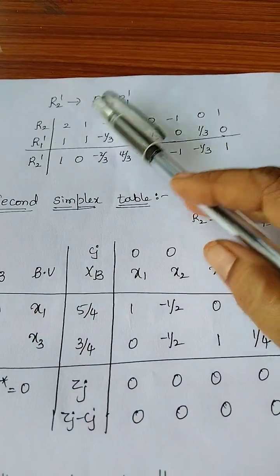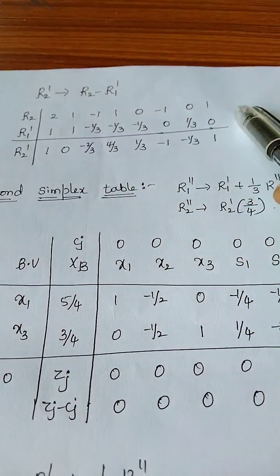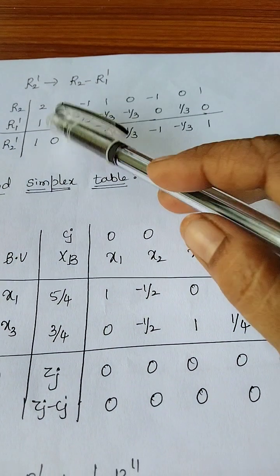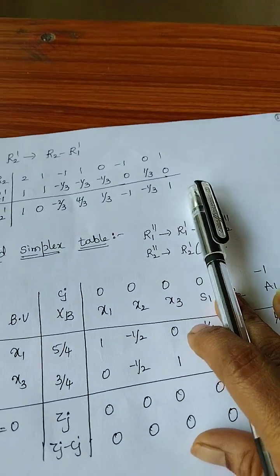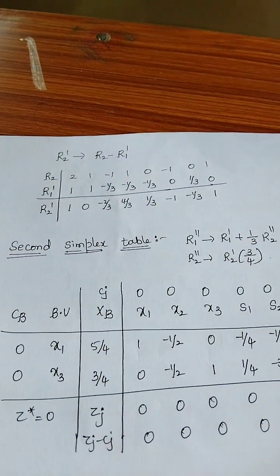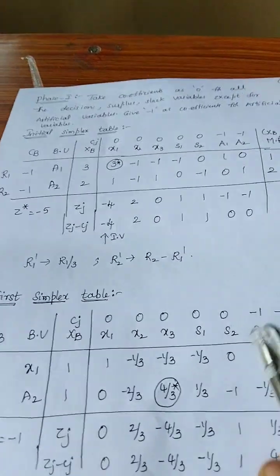The R1 dash values you have written here, and R2 is here. After subtracting, you are going to get 2 minus 1, 1, 1 minus 1, 0. This is the new row you are going to write in the place of R2 dash.